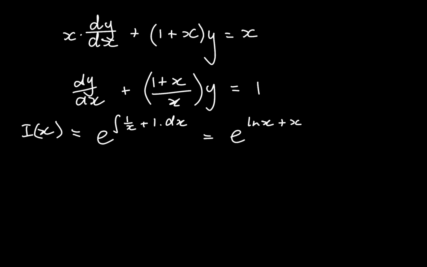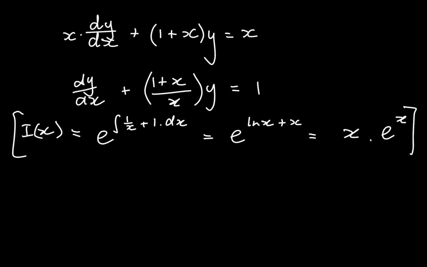Okay, now what we do is we multiply through by our integrating factor. Or rather we can simplify this integrating factor. So it is e to the natural log of x times e to the x. And this here is simply just x. So it's x times e to the x.